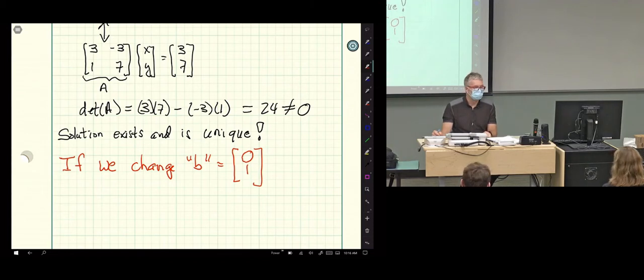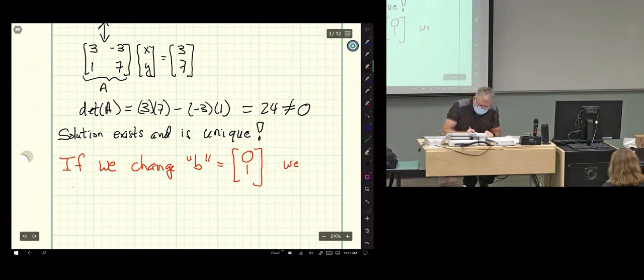I see people in the audience here shaking their head going, it doesn't affect at all. It's really a misdirection question just to point out, okay, once the determinant is not equal to 0, we don't care what is on the right-hand side. Anything, we get existence and uniqueness, okay? It only depends upon A, okay? I just did that to drive home that point. We still have existence and uniqueness.